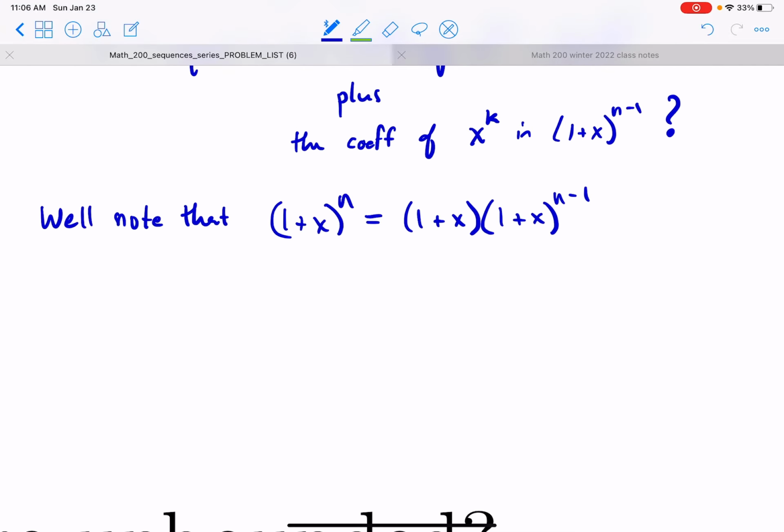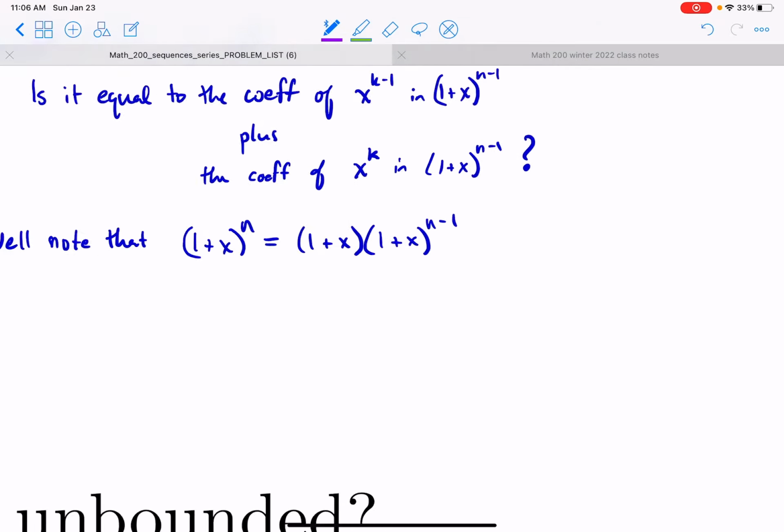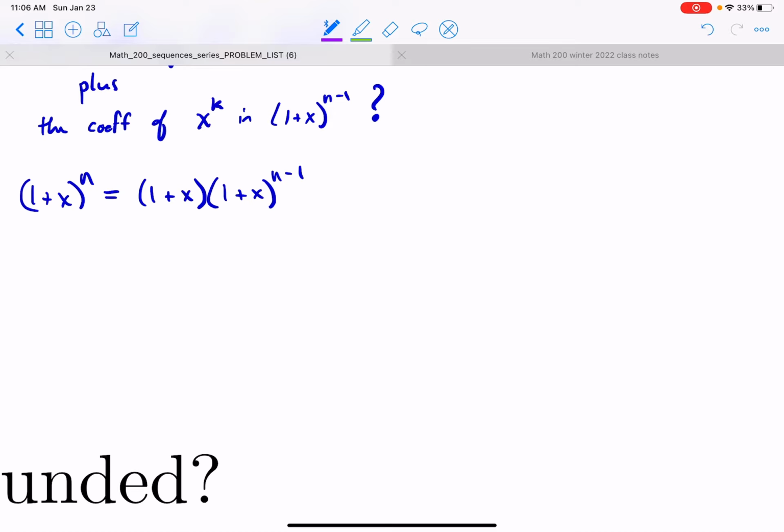Okay, and just to make this concrete, let's do a quick example off to the side of this formula. 1 plus x times 1 plus x to the third. Okay, now 1 plus x to the third is 1 plus 3x plus 3x squared plus x to the third.